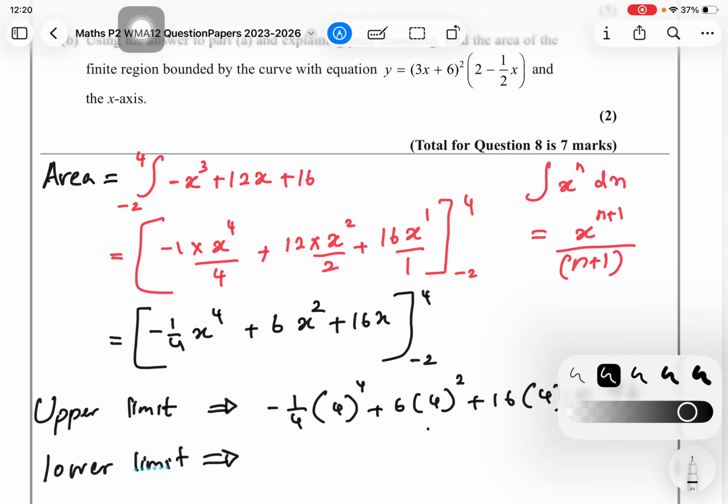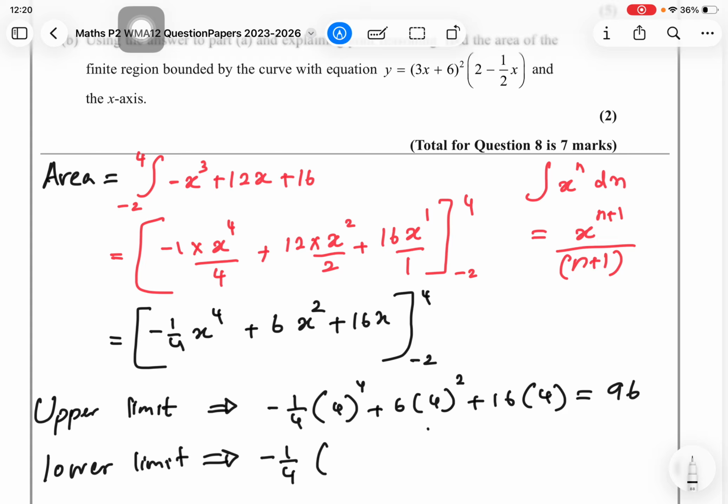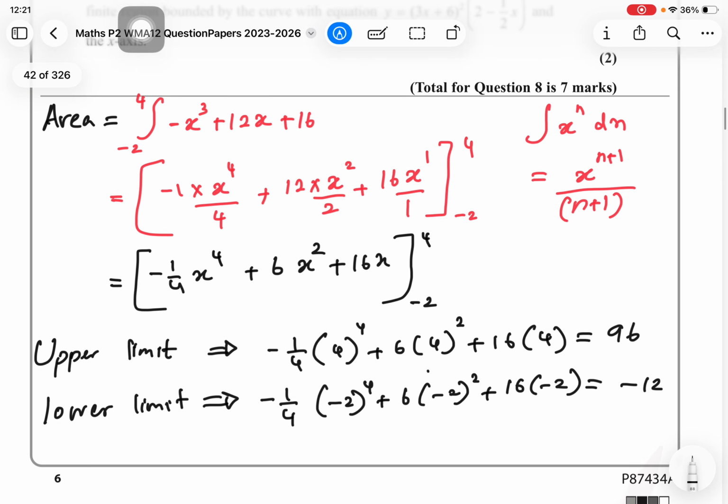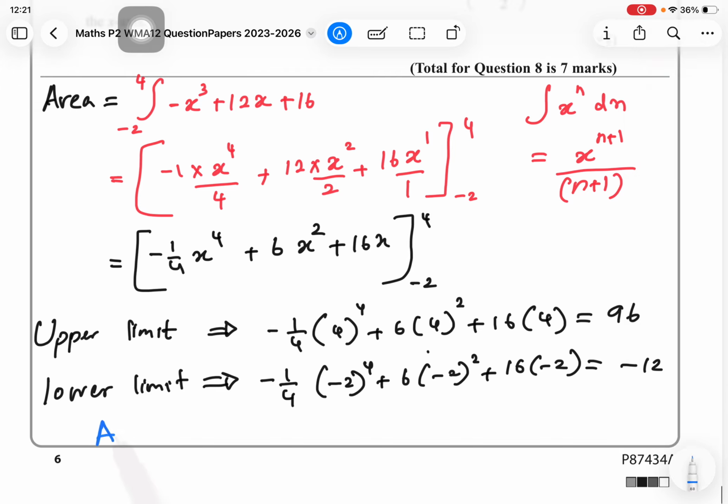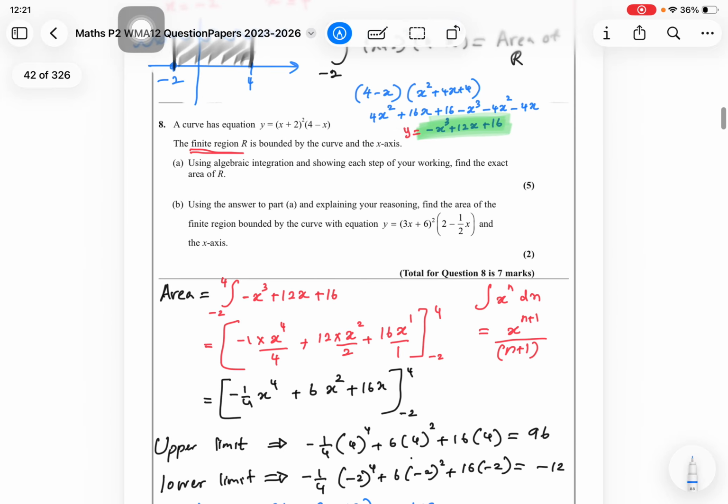Similarly, −(1/4)(−2)⁴ + 6(−2)² + 16(−2) equals −12. Now, once you have that, you can go for the area. Area is upper limit minus lower limit, and that would be 108. So we have the area as 108 units.